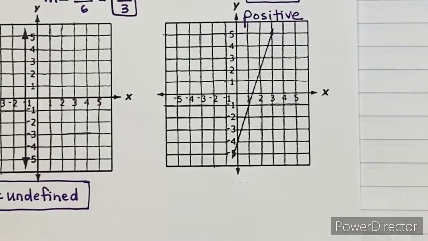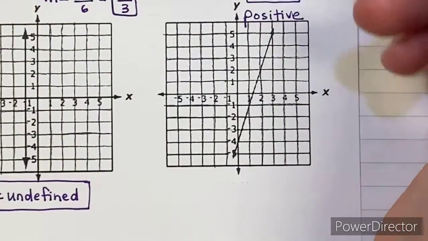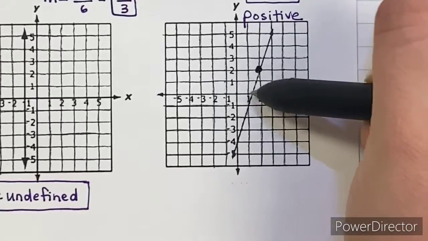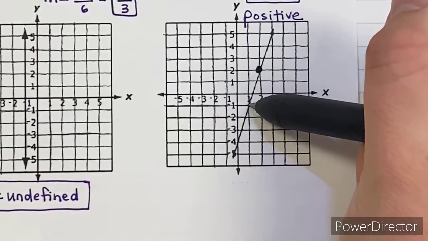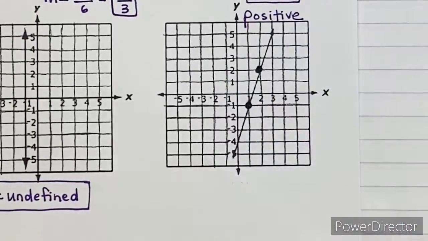So remember, we now need to pick 2 points on our line. That way we can identify what the slope is. And remember that the points have to be on the corner of a box. So the first one I want to grab is that 2, 2 right here. And then the other one, like 1, negative 1, that's a good one. So we'll grab that one.